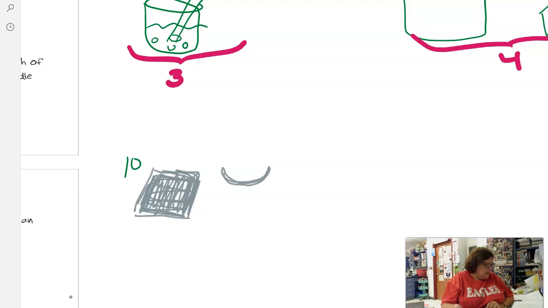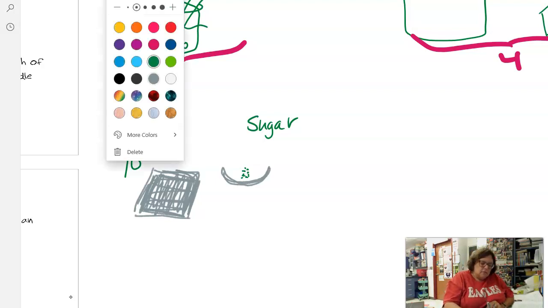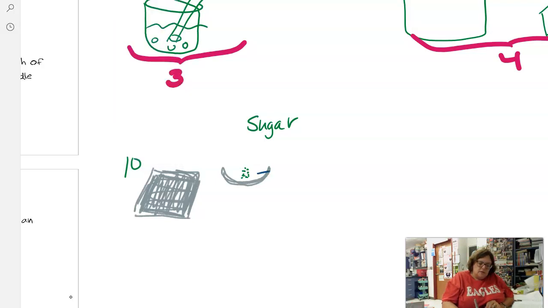Okay? You're going to put a pinch of sugar into that bowl. And then you're going to use the crucible tongs. And the crucible tongs are the ones that have two kind of flat areas that meet, and then they kind of go like that.